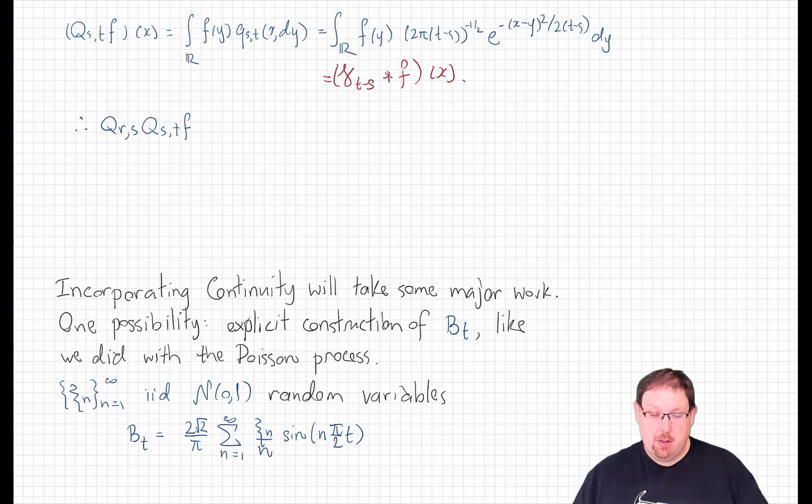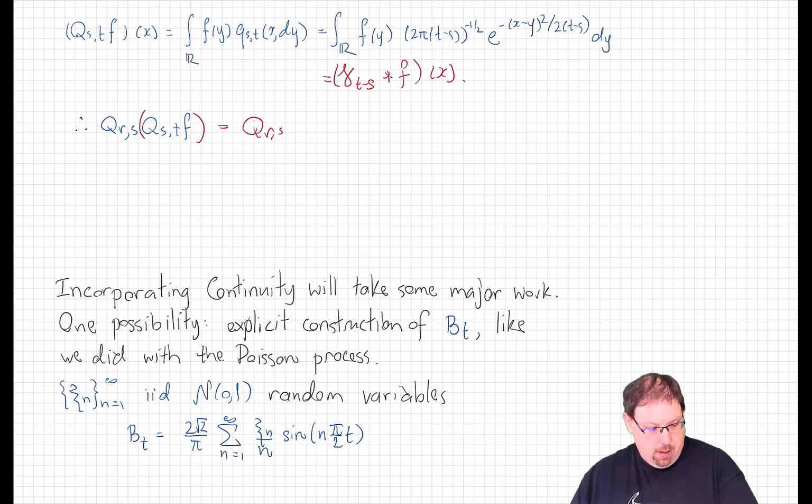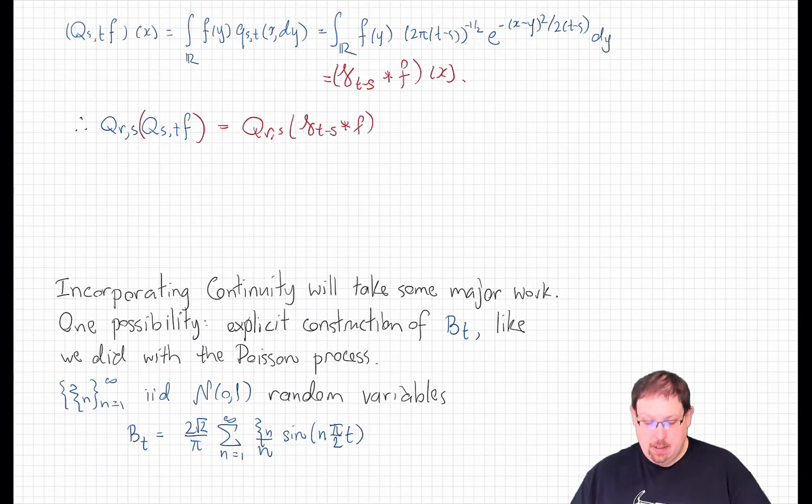And so we can therefore check the composition. QRS QST applied to a function f, just doing that in turns, is QRS of gamma t minus s convolved with f. Now here's our new function. You can check that this is going to be a bounded measurable function, since it's the convolution of two bounded measurable functions, and therefore it's in the domain of this transition operator.